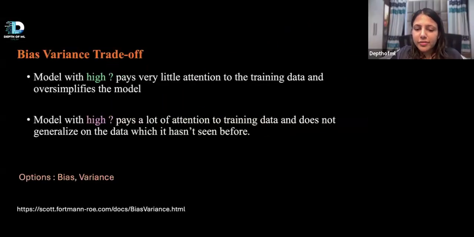Obviously, it's very difficult to achieve a low bias, low variance model because of the bias variance trade-off. But you try to minimize or balance out both. You don't aim for a high variance model. Have you studied that in class, that you look for a high variance model? No, right? I'm assuming you guys have not studied that. You try to aim for a low bias, low variance model.